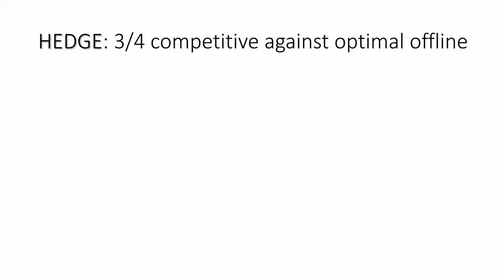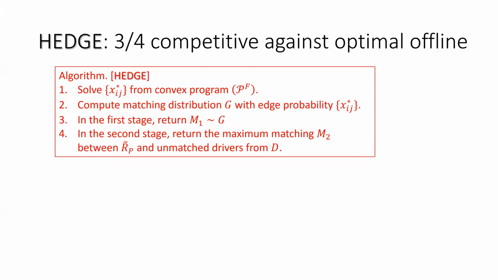Once we have introduced our DB decomposition and its technical lemma, it is ready for us to present our Hedge algorithm, which is 3/4 competitive against the optimal offline. And this is the optimal competitive ratio we can get against the optimal offline. It will work as follows. First, we solve for x star from the convex program.